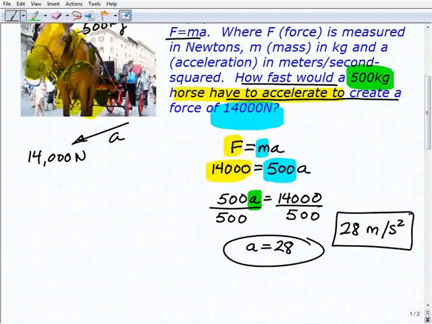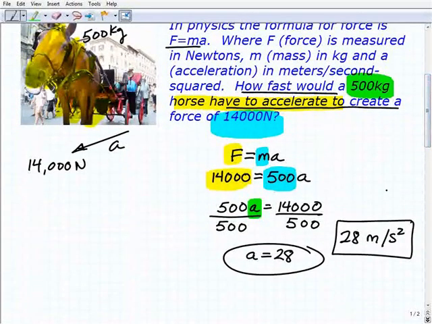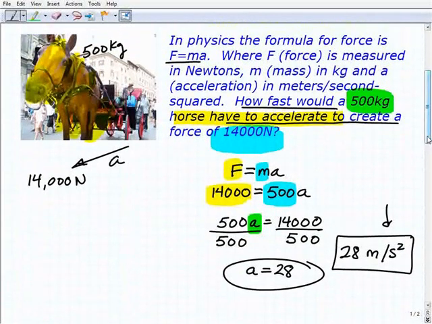So when you're solving a word problem that has units of measure involved, whether it's newtons, inches, feet, miles per hour, always make sure you add in the proper unit of measure. So this horse is going to have to go 28 meters per second squared to reach a force of 14,000 newtons. And if you think about that, 28 meters per second squared, that's pretty fast.